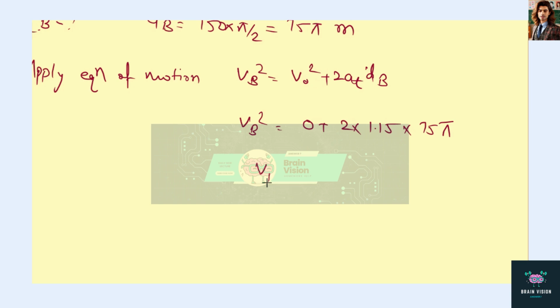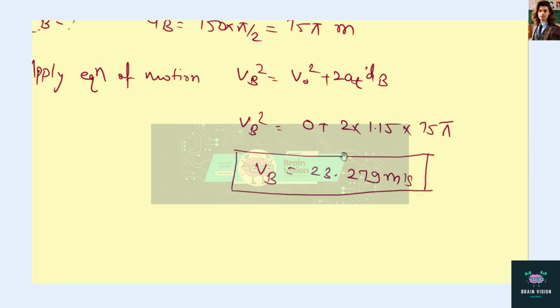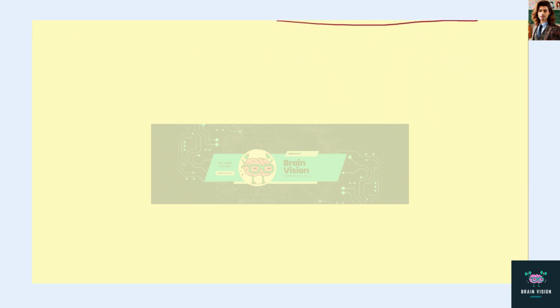So Vb square is equal to 0 plus 2 into 1.15 into 75 pi. After solving this we get the value of Vb, that is 23.279 meters per second. This is the answer of the first part of the question.